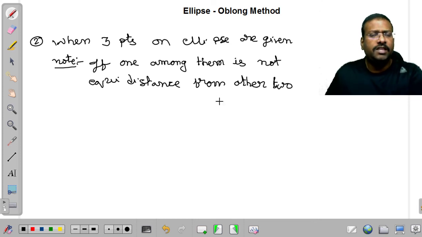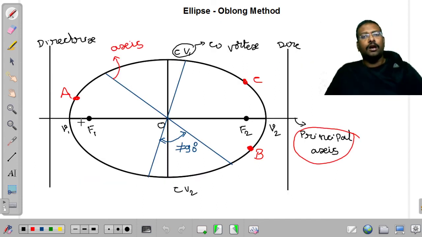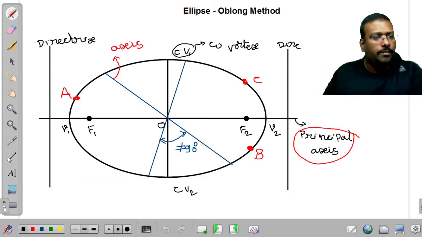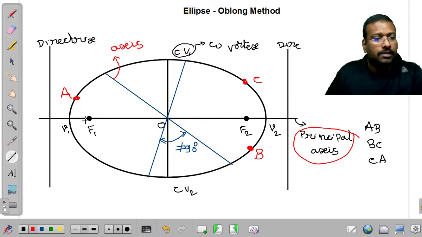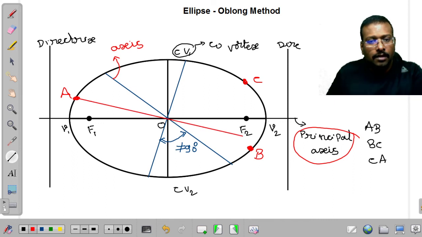Sir, if 3 points are given, how can we say that it is going to be the parallelogram method? Very simple, my dear friends. Normally they will give 3 lengths: the AB length, BC length and CA length. So here if you observe, this is the AB length. Remember one thing, normally the AB whatever is given is not here, it is going to be here.